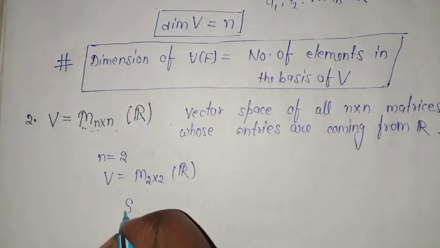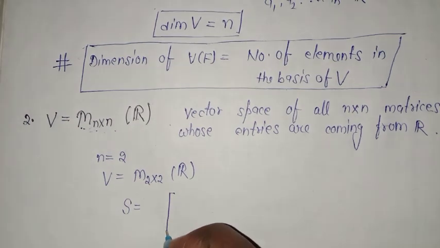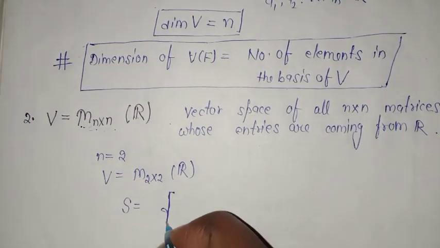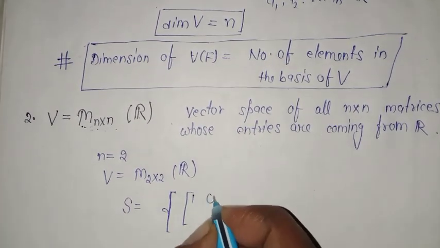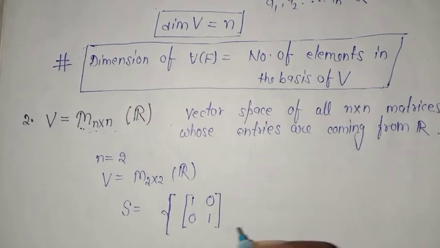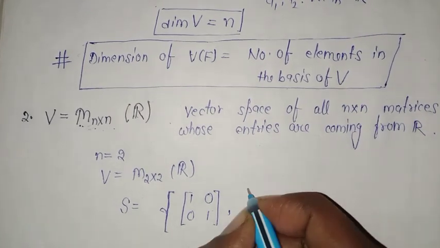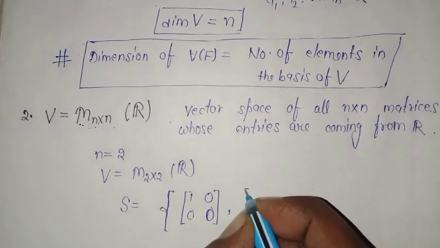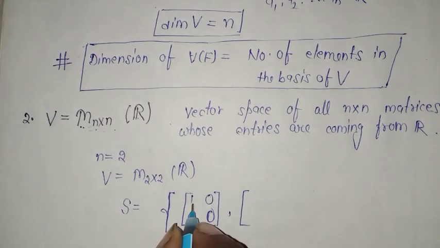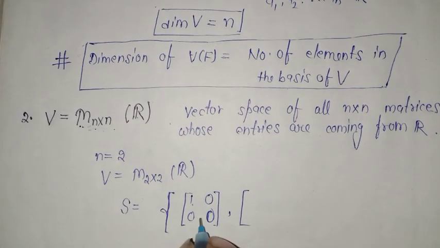So let me take the set S of matrices: (1 0; 0 0), where at the first place we take unity and the other places are 0.